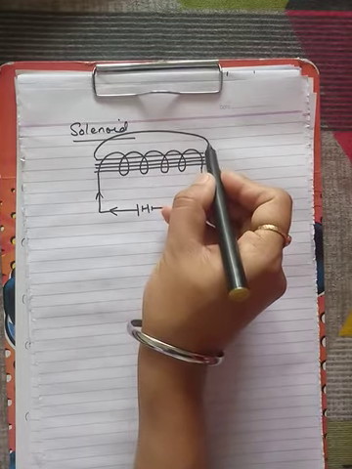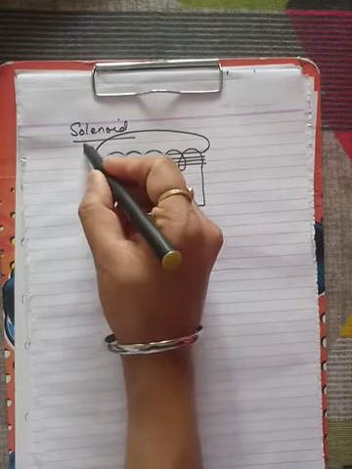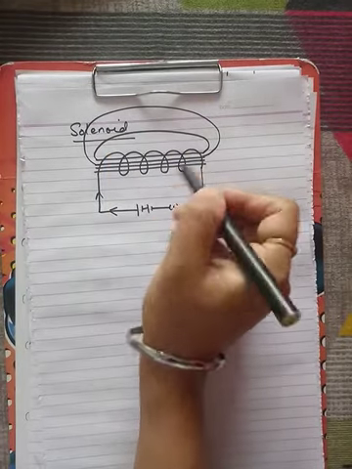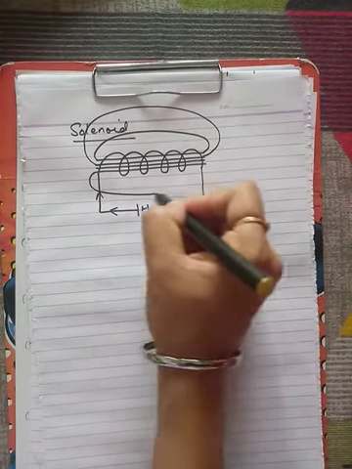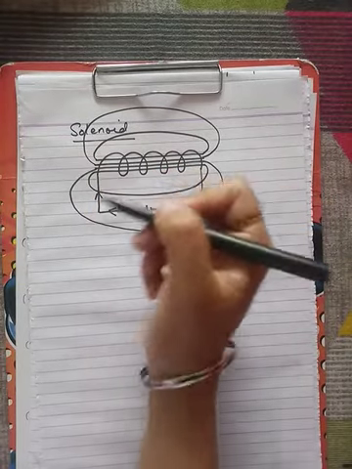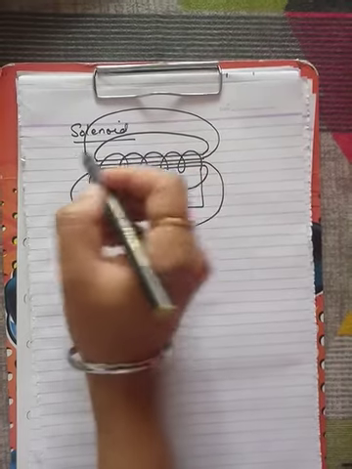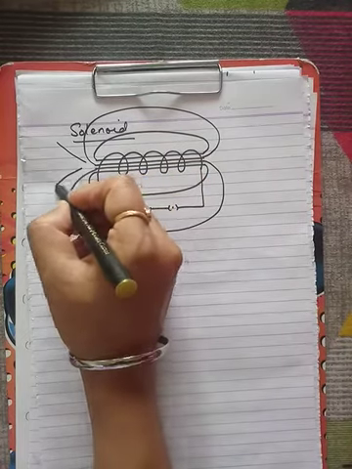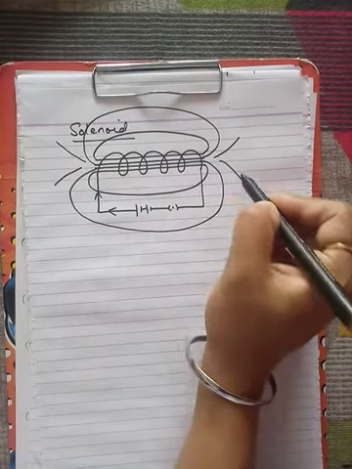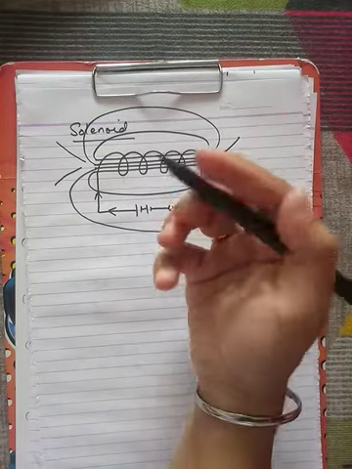So magnetic field lines will be like this, and it can be said that it is similar to the bar magnet. Okay, like this. So there can be many magnetic field lines, and that can be shown in the diagram. Only 2 or 3 can be shown in the diagram because my pen is very thick.